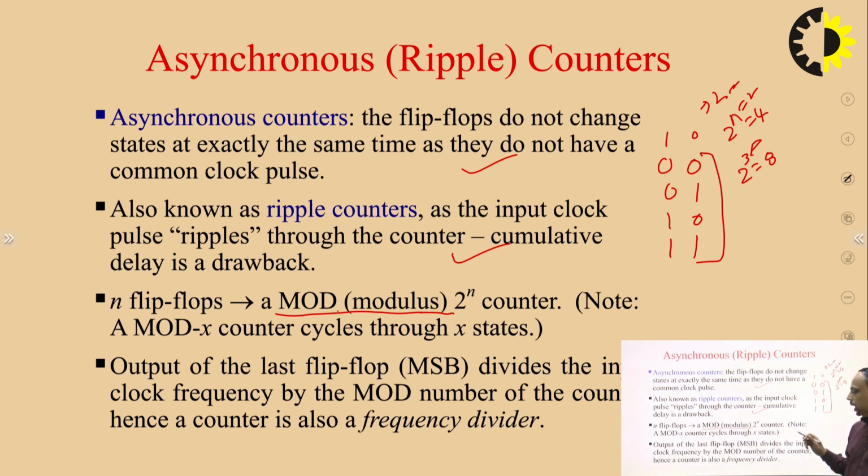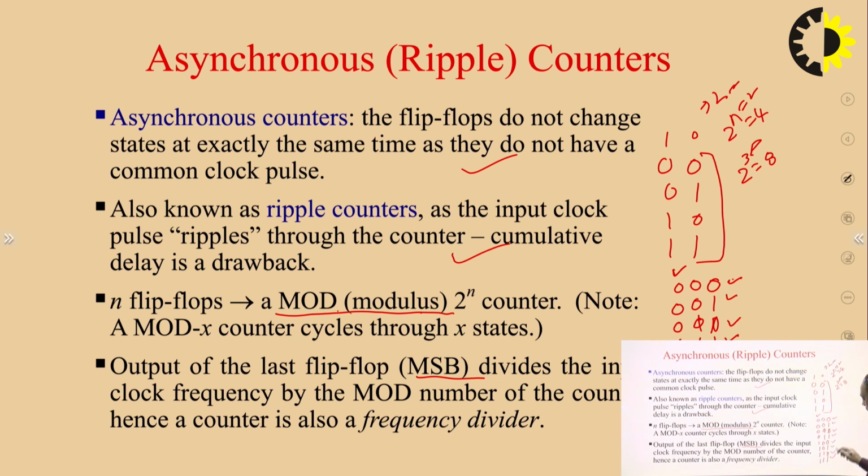The output of the last flip flop, that is the most significant bit, divides the input frequency by the modulus. As we can see over here, if we take the example of a 3-bit count, 000, 001, 010 up to 111, and take the most significant bit, for each clock pulse the count keeps increasing.